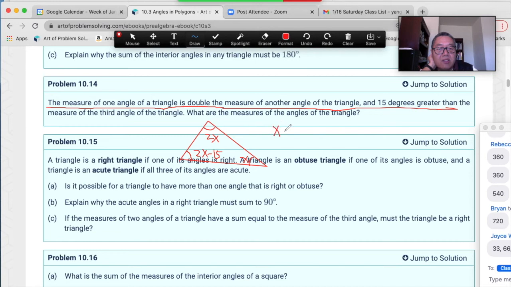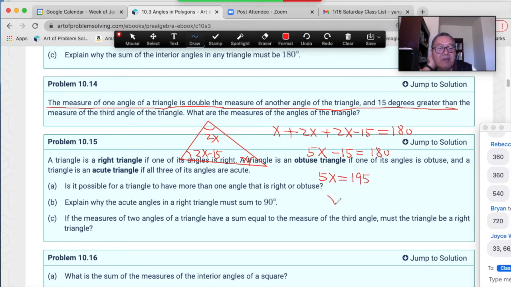You get x plus 2x, then plus 2x minus 15. This equals 180. Okay? So then you simplify this, you get 5x minus 15 equals 180. Then add 15 to both sides, we get 5x equals 195.